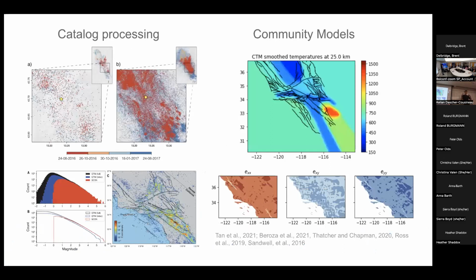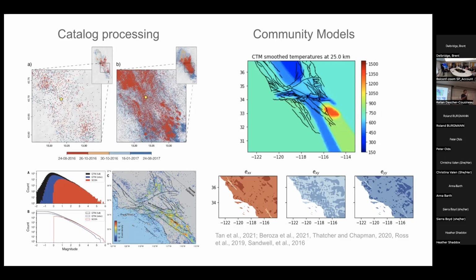I want to really dive into what I just said. Just in Southern California, advances in data catalog processing and template matching techniques are revealing that even in places that are really well studied already, we're able to reveal a factor of 10 more earthquakes using these catalog automation techniques that were already available.